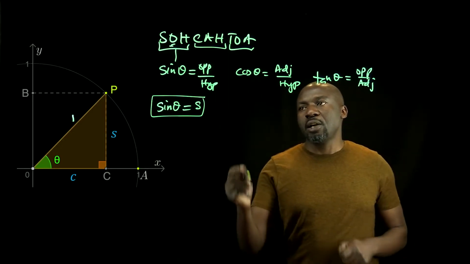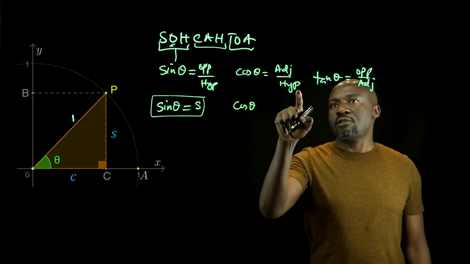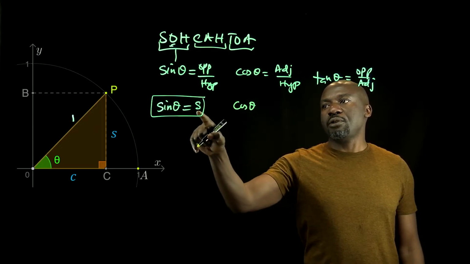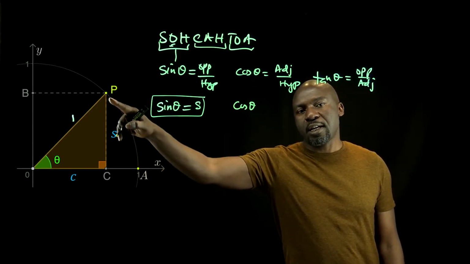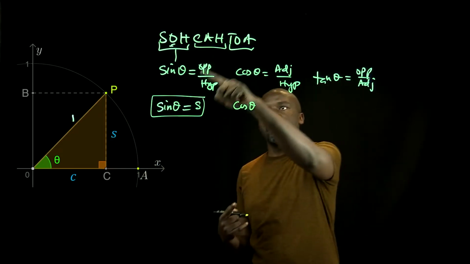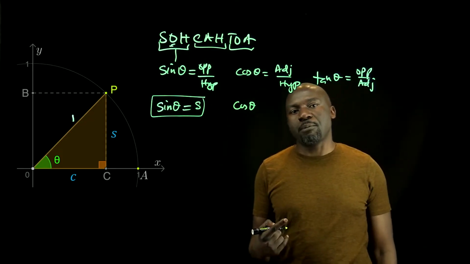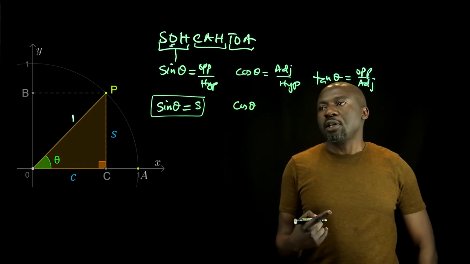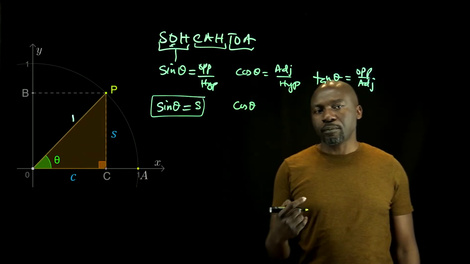Okay. Similarly, we can see that cosine of theta is adjacent over hypotenuse. By the way, I've used this letter S intentionally to imply sine theta, so that height will always represent the sine of the angle. Instead of always thinking of SOHCAHTOA, go to the unit circle, and the height of point P on the unit circle will represent the sine of the angle theta.